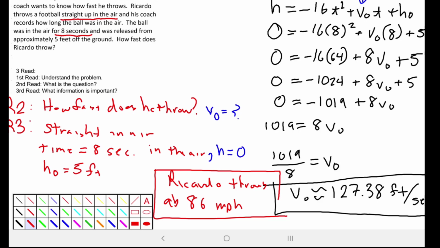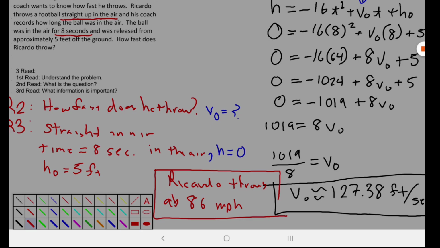So if you wanted to figure out how fast you throw, you can go outside, get a ball, throw it straight in the air, time it, and using how long it's in the air and where you let go of that ball, you can figure out what your initial velocity is and how fast you throw. Now remember, it's going to be in feet per second. You just have to do a little conversion. So you can use Google to convert it over real quick for you. But that'll tell you approximately how fast you throw. All right. Hope you enjoyed this problem and good luck.